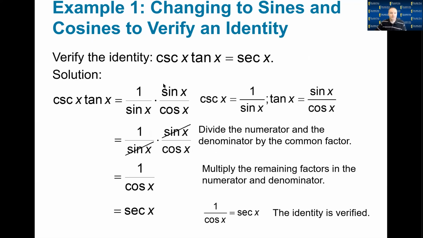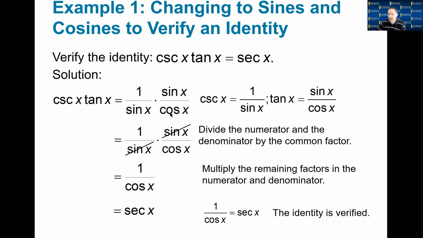For example, if I'm asking you to verify the identity cosecant x tangent x is equal to secant x, clearly the left-hand side of this equation is more difficult. That's the part I'm going to work with. So I know cosecant is 1 over sine, and tangent is sine over cosine.